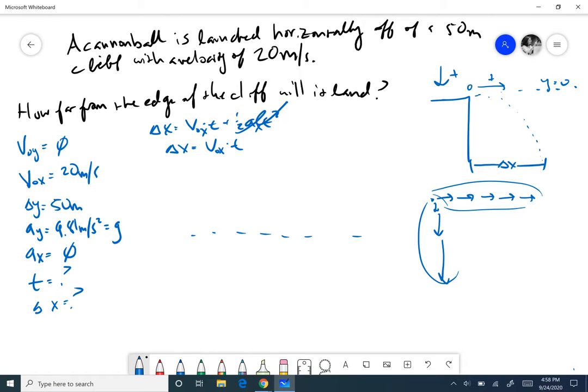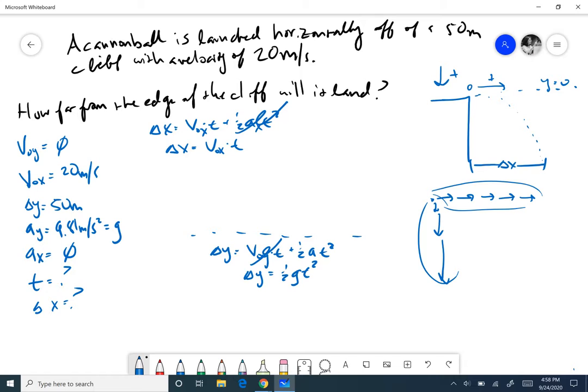We're actually going to use the same process as in the previous video. We know that delta y equals v naught y t plus 1/2 at squared. We know that the initial velocity in the y direction is 0, so we get rid of that. We know that acceleration is g, so we just say delta y equals 1/2 g t squared, just like last time.